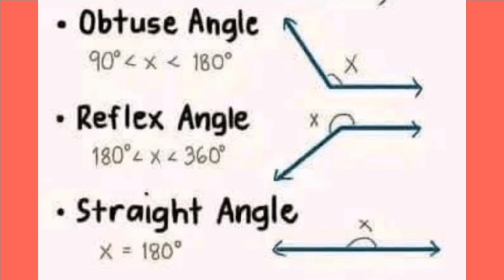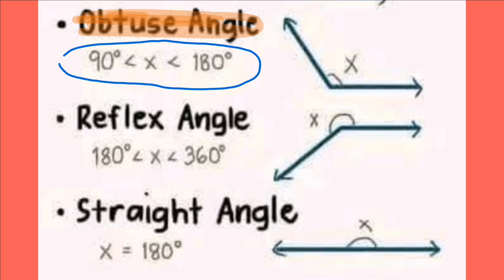Another angle is obtuse angle. What is obtuse angle? Angle less than 180 degree and greater than 90 degree is called obtuse angle.